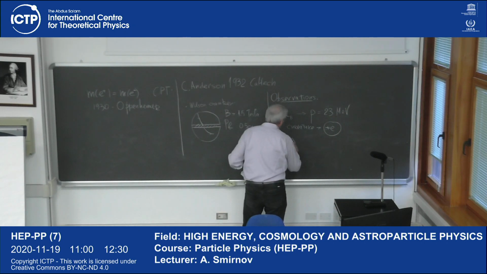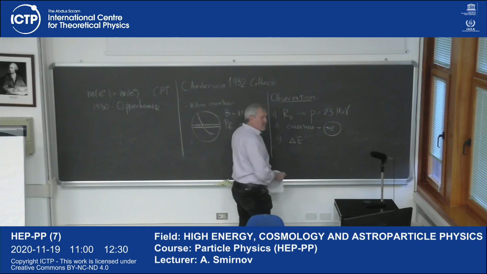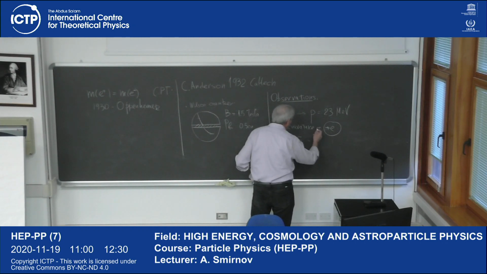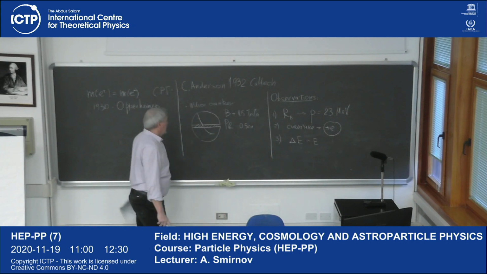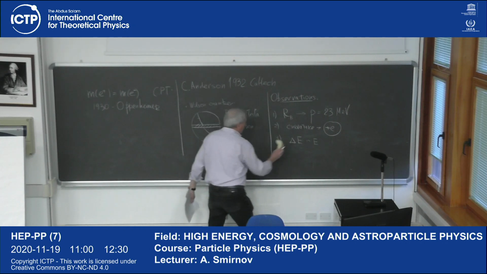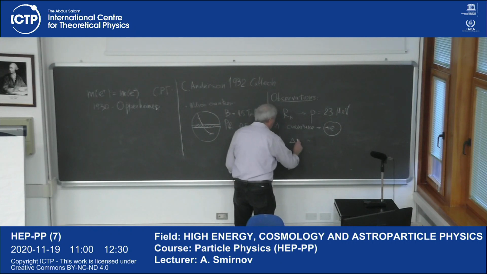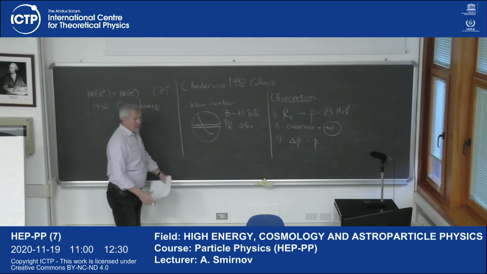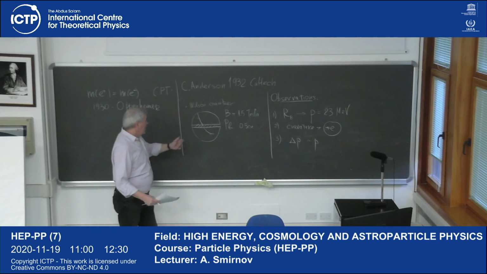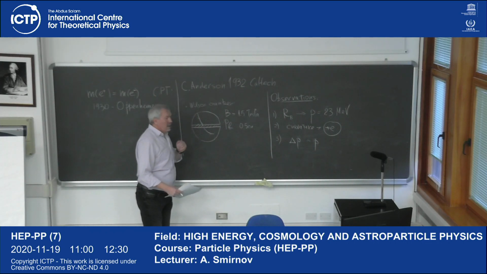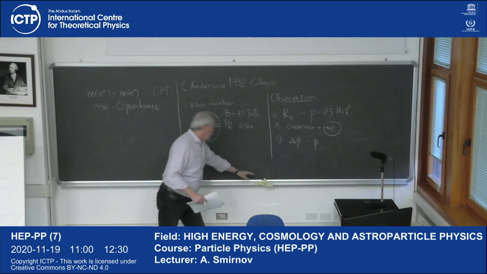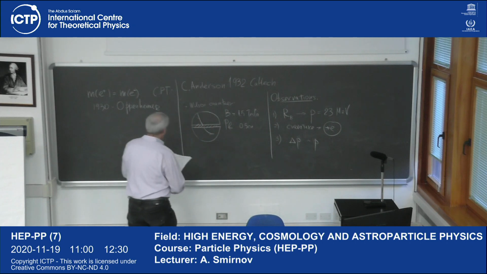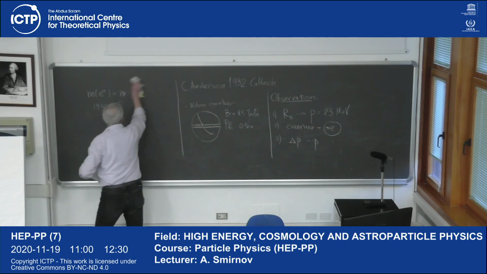And the loss of energy was not small, it was comparable with the initial value. Actually, better to say momentum. The change of momentum was not small. You can measure the curvature here and restore the momentum of the particle in the beginning and after crossing the plate.